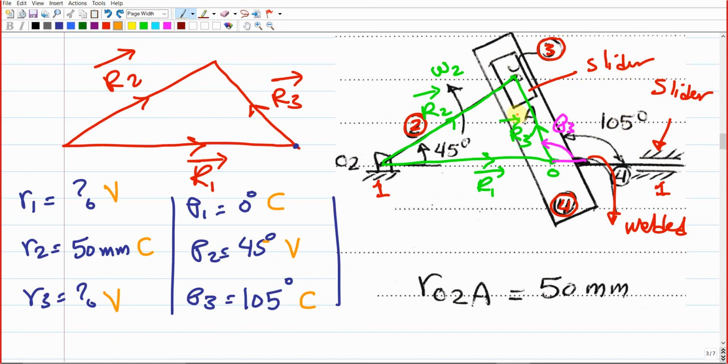For example, let us assume that based on this direction of rotation of omega 2, the length of R3 will increase, and it will be moving in this direction, to the left, in parallel. These two lines are parallel without rotation.